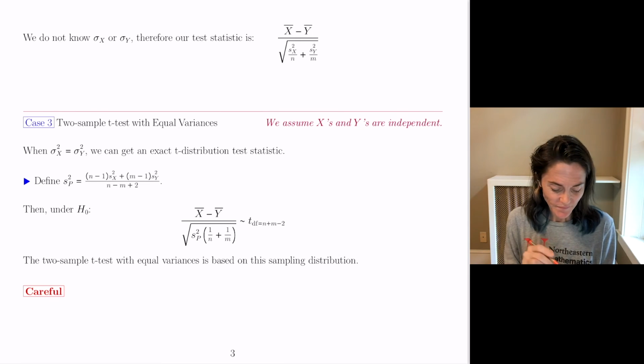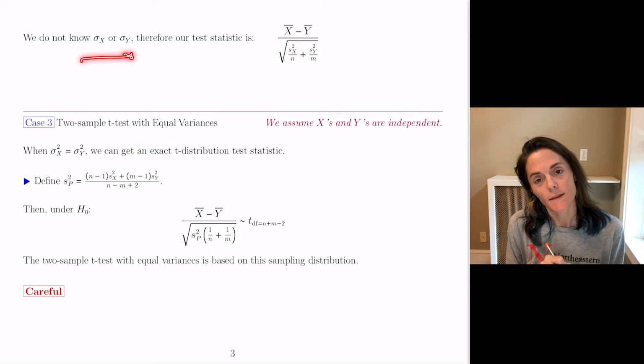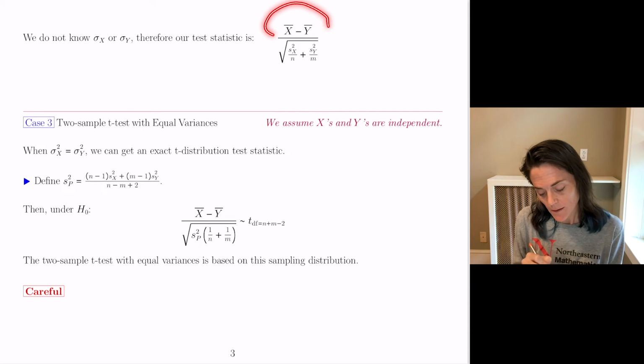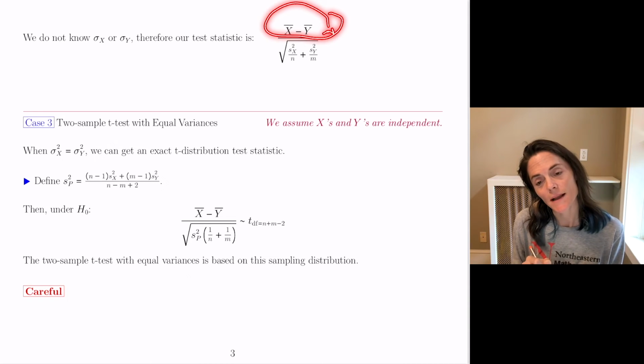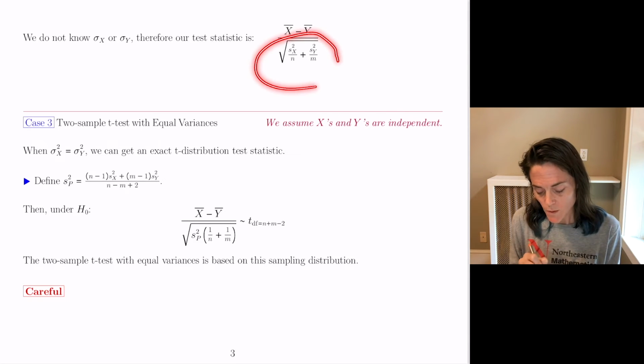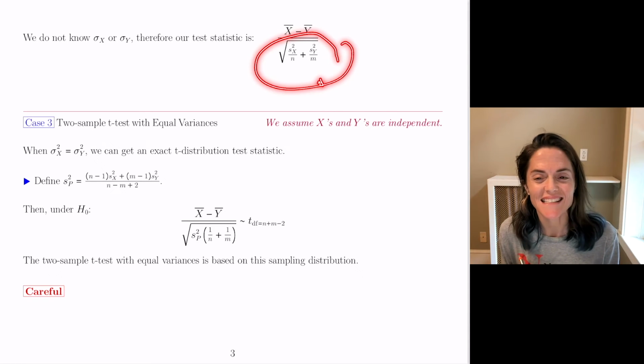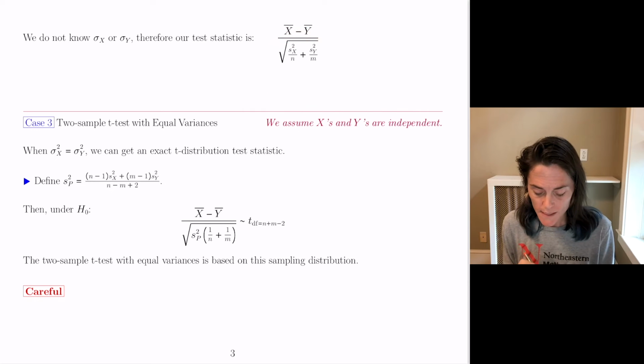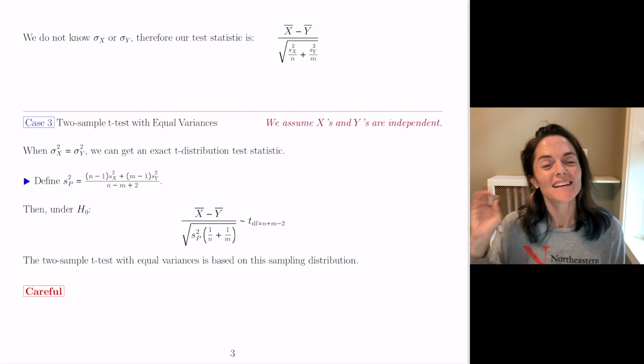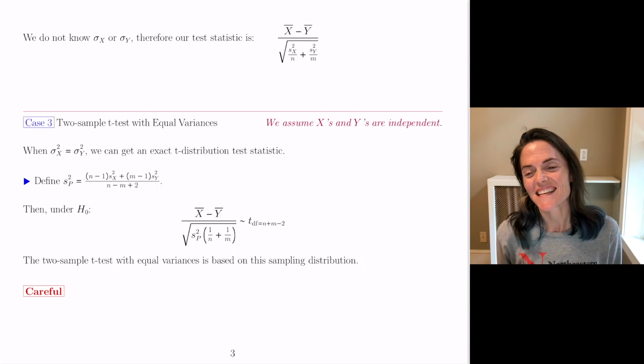Well, we don't know sigma x or sigma y. And so our test statistic would be this x bar minus y bar over this estimated standard error. We take the square root of, instead of sigma x and sigma y, the sample standard deviations.